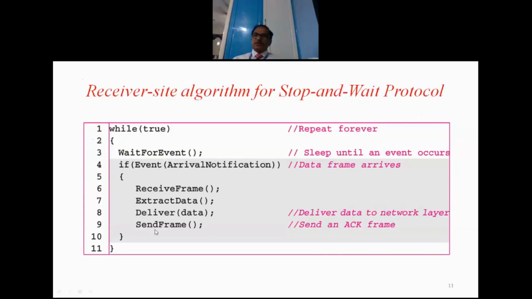So these are the 4 steps. In the earlier simplest protocol, this fourth step, send the acknowledgement, was not there in either the sender's or the receiver's algorithm. So the simplest algorithm is slightly modified, and we come to the simplest stop and wait protocol.